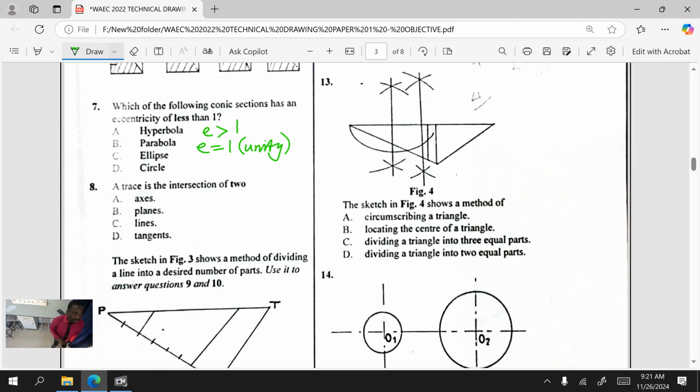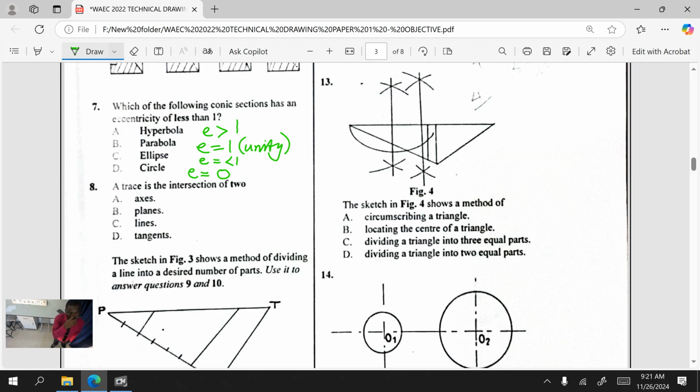So in questions, when they tell you the eccentricity is unity, you know they are referring to 1, that is parabola. Ellipse is when the eccentricity is less than 1, less than unity. And eccentricity for circle is equal to 0.